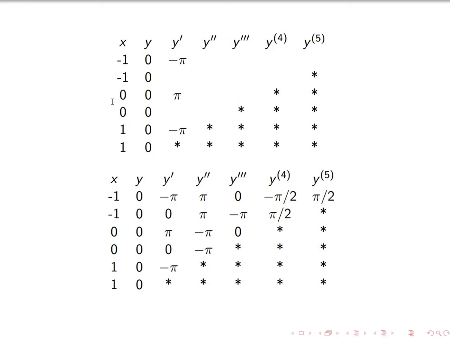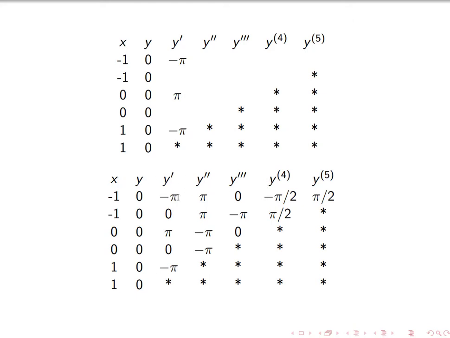And then same here for the value at 0. Okay, I put in 0, 0, pi, and then again, since I have a derivative, leave a blank here. And again for my last data, and then below that, just put in an asterisk. I'm not going to fill that in. Then I go through the divided difference process exactly as before.